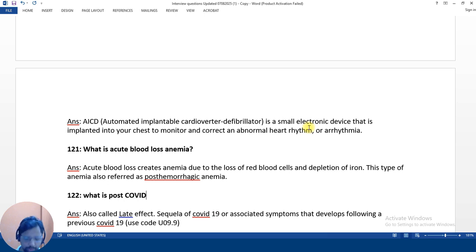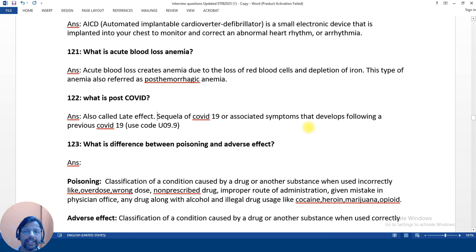Okay, what is post COVID? So post means after the COVID, also called the late effect of COVID. Sequela of COVID-19 are associated symptoms that develop following a previous COVID. So for late effect of COVID, you need to use U09.9. Okay. So what is the difference between poisoning and adverse effect?